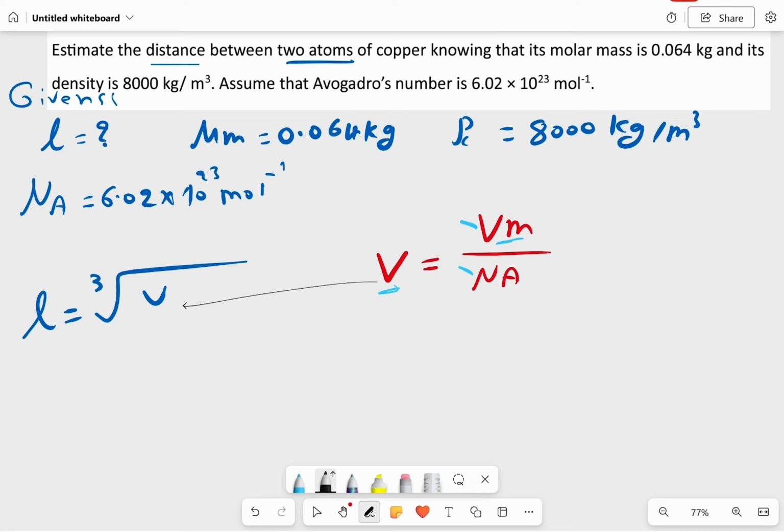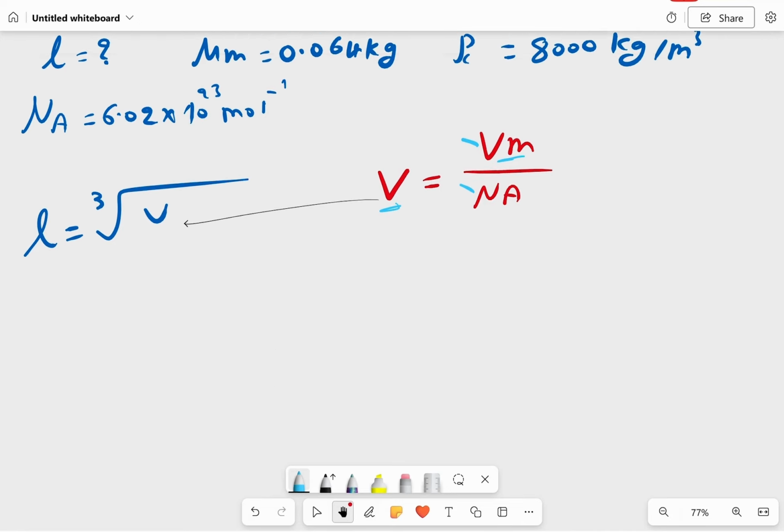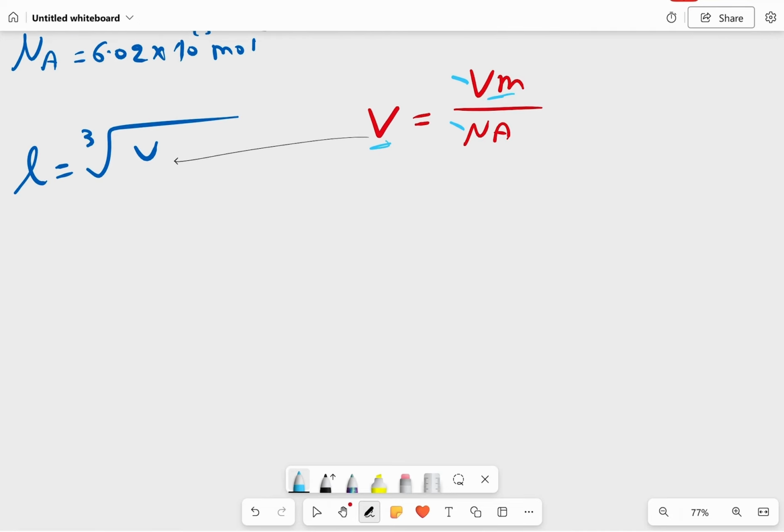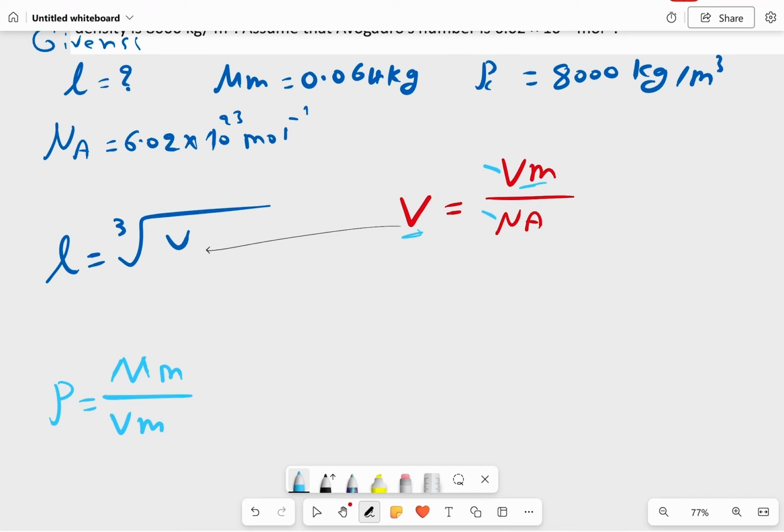Now look, let's first find molar volume. So you have density, which is equal to molar mass divided by molar volume. Do I have density?